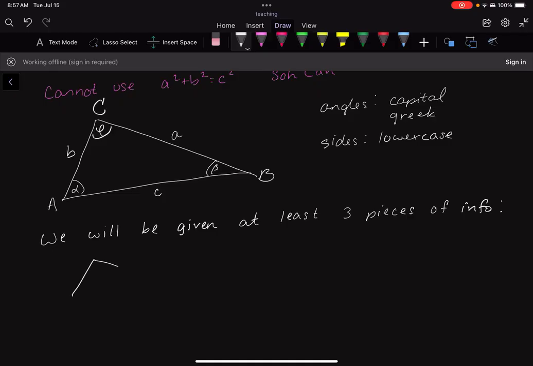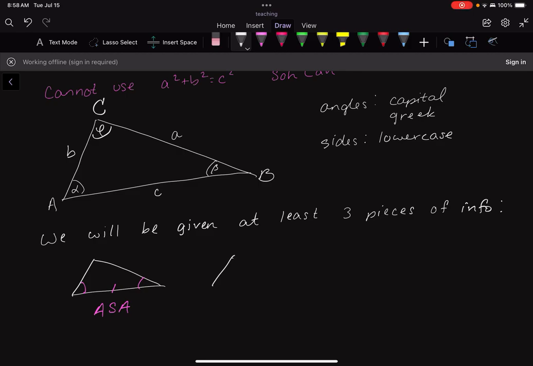So one option is that we are given an angle, a side, and then an angle. It doesn't have to be right here. I could have drawn it like this, angle, side, angle. It's just that we're being given an angle, a side, and then an angle when we draw it out. However you want to draw it is fine, as long as they're adjacent, right next to each other. So this is the angle, side, angle case.